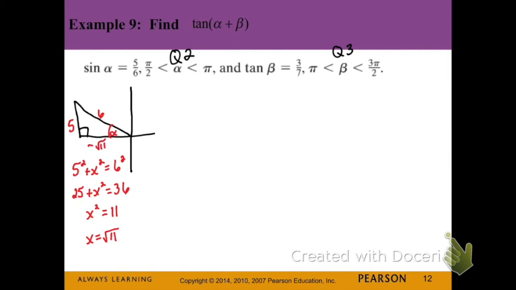Since we're in quadrant 2, I have a negative x coordinate here, so it's going to be -√11. So I know that tangent of alpha is 5 over -√11, and I know tangent of beta is 3 over 7. So I'm ready to use my sum formula for tangent.